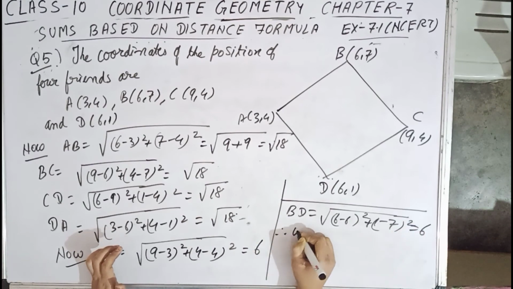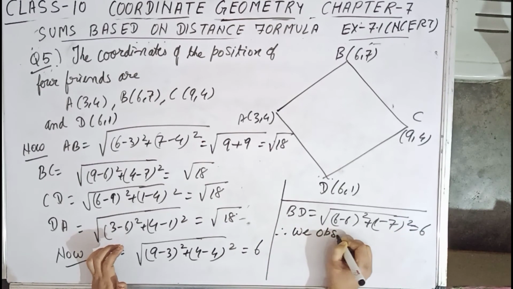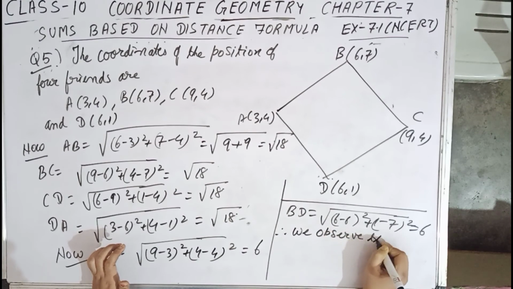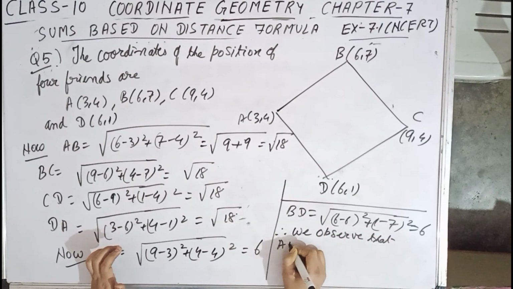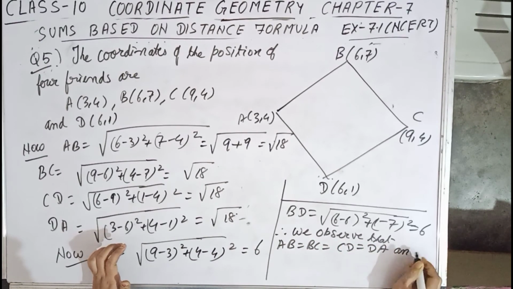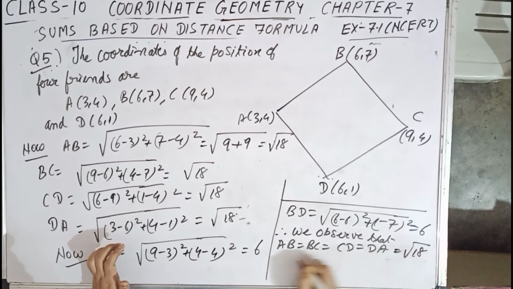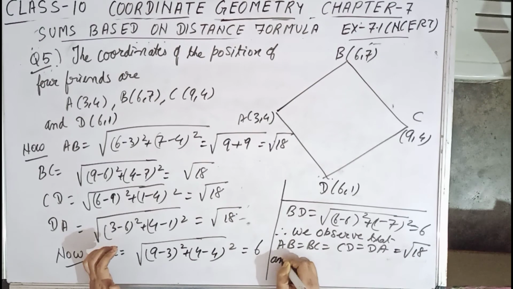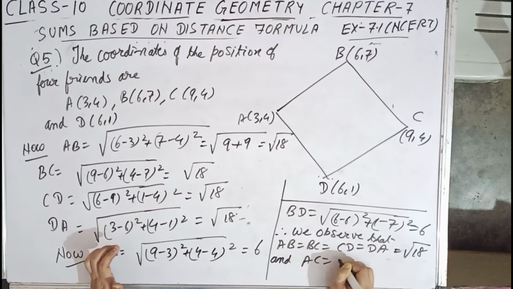Therefore we observe that AB equals BC equals CD equals DA, and the value you can also write as under root 18 units. Also AC equals BD equals 6 units.